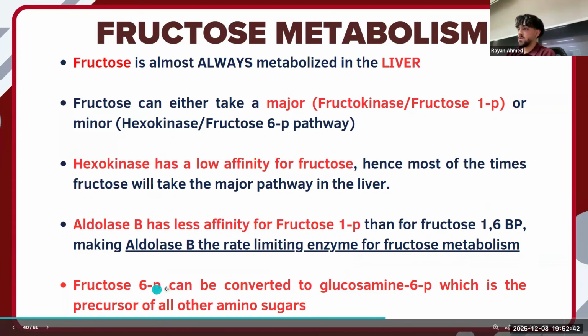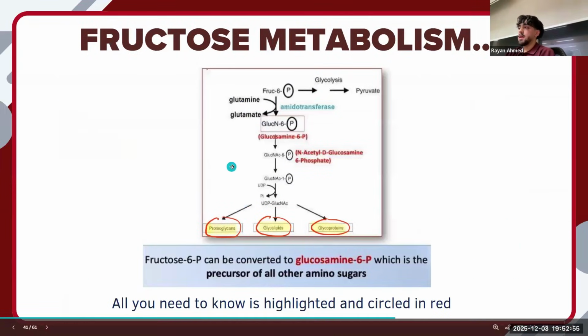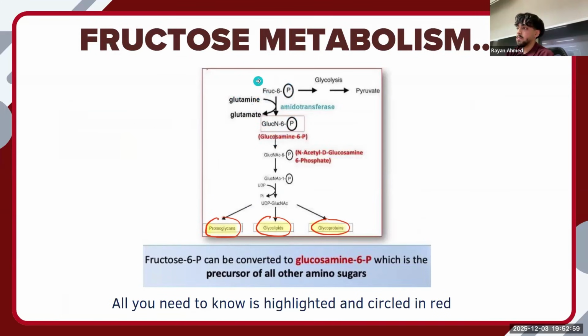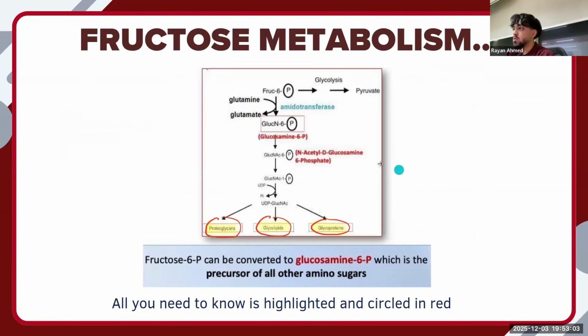Now, fructose 6-phosphate can be converted into glucosamine 6-phosphate, which is the precursor of all other amino sugars. This is a very important point that the doctor mentioned in your slides. What he meant to say is that, as you guys can see, you have fructose 6-phosphate. This fructose 6-phosphate can be converted into glucosamine 6-phosphate.